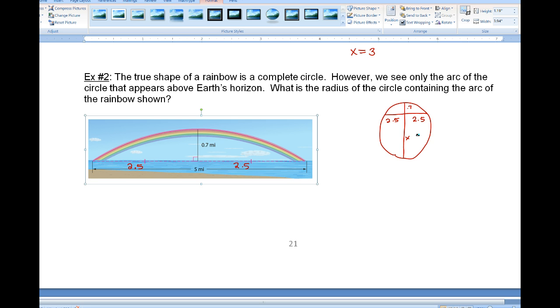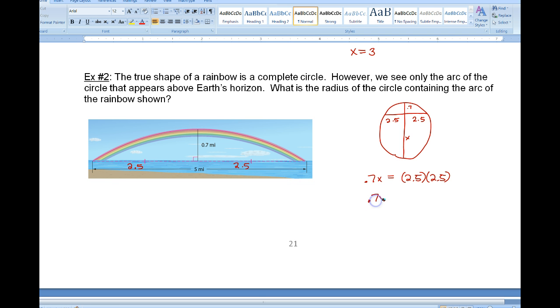So I'm going to take 0.7 times x is equal to 2.5 squared, or 2.5 times 2.5. So 2.5 squared is 6.25. Divide by 0.7, and we get about 9.3.